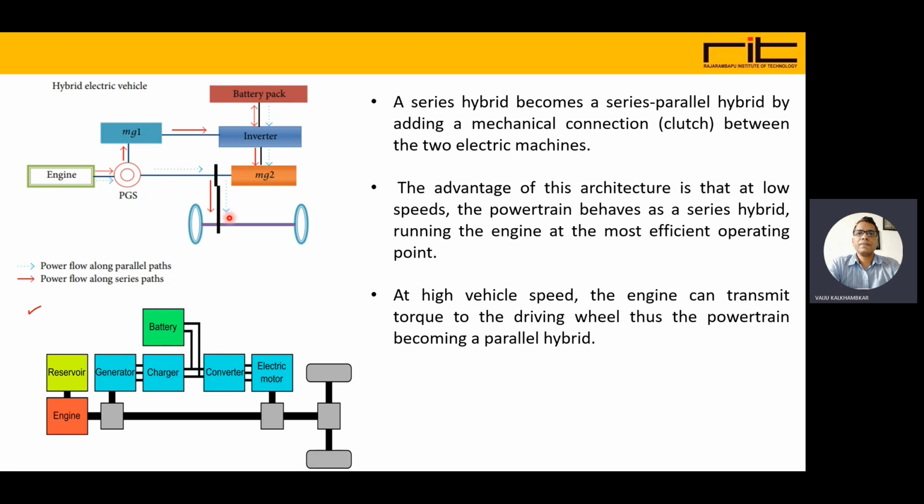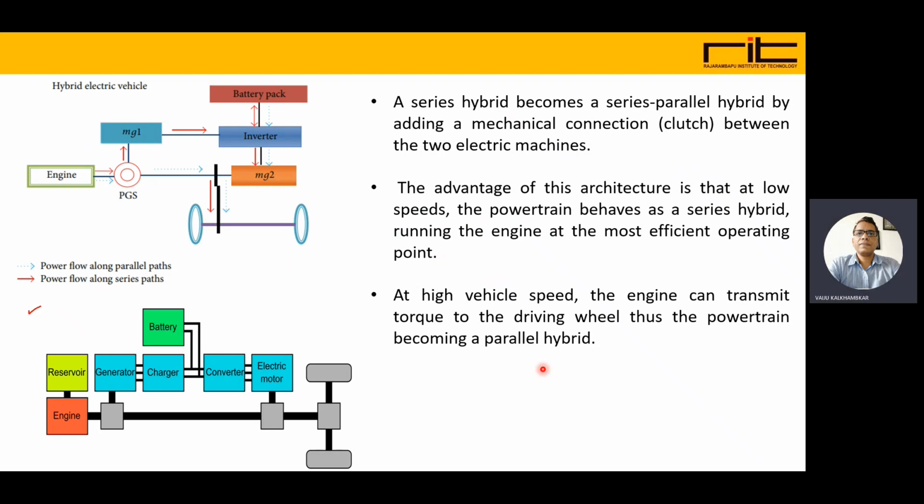So the engine is not directly providing the torque, but it is producing the input to the generator, which is given to the motor. So this is how the power split mode is operated either in series or parallel.